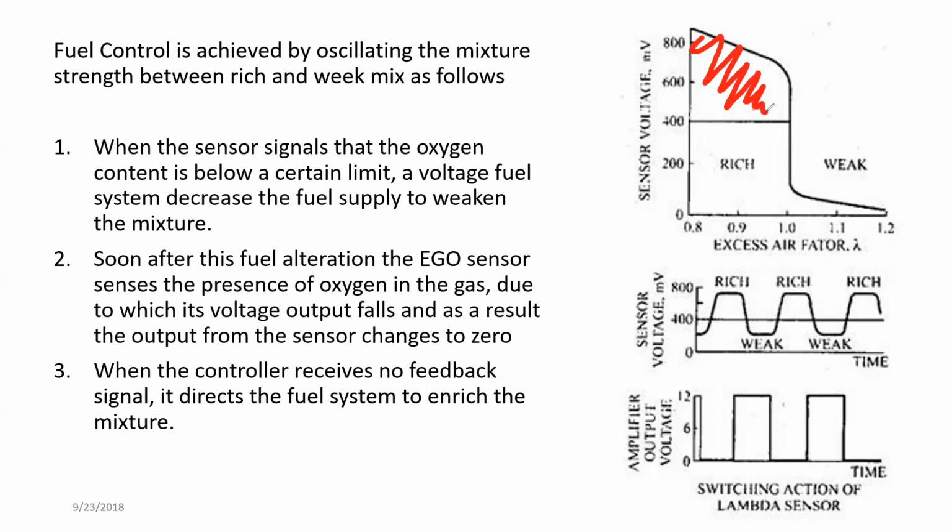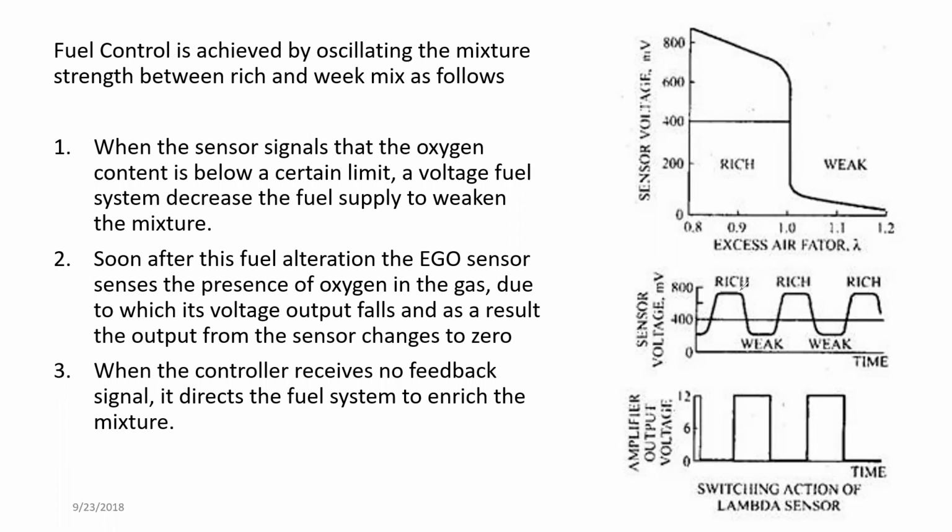It may not be possible, but maintaining near 400 millivolts is the best level, though it's somewhat difficult. When the oxygen level is lower, the fuel is increased. Once the fuel increases, the amount of oxygen available gets lower.